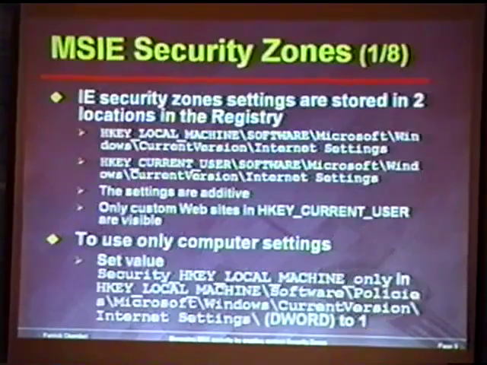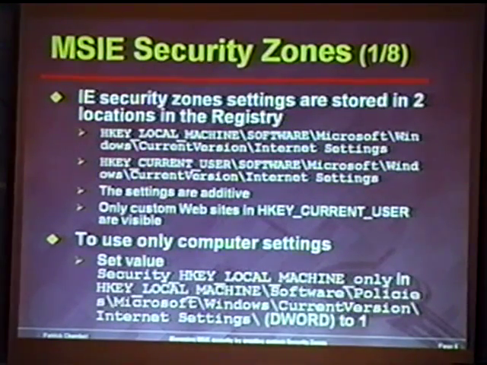Okay, so now MSIE security zones. Security zones are stored in two locations in the registry, one in the local machine hive and one in the current user hive. These settings are additive. You can set some parameters in one and some other parameters in the other. But you can set your custom websites, your URLs, your domain names only in the current user hive.